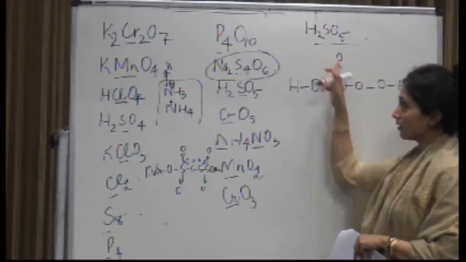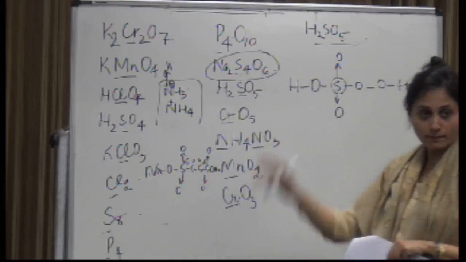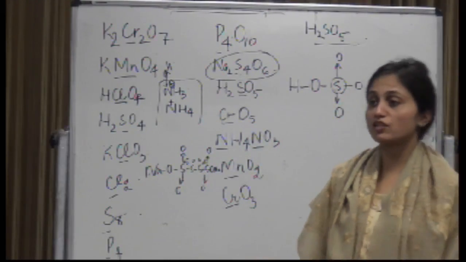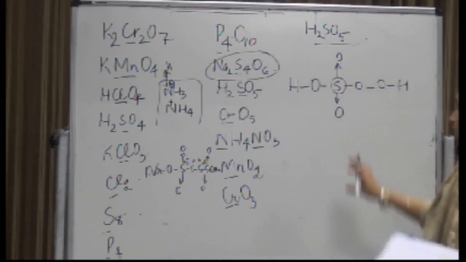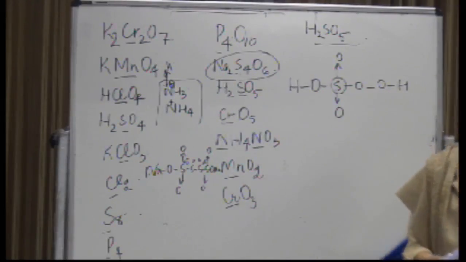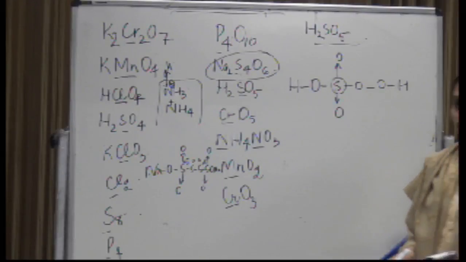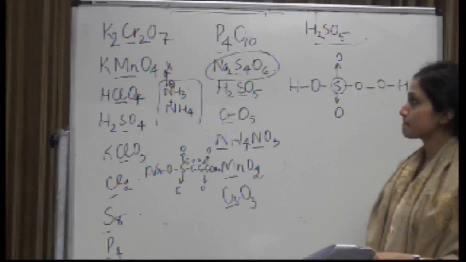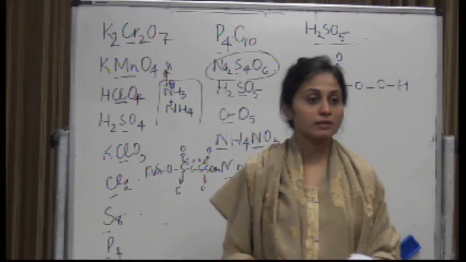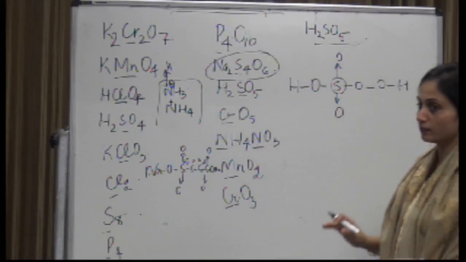This O is free, this O is free, this O is free. That is not a superoxide linkage, that is no other linkage, that is a normal oxygen. So now tell me what will be the oxidation number of sulfur? What will be the oxidation number of sulfur?